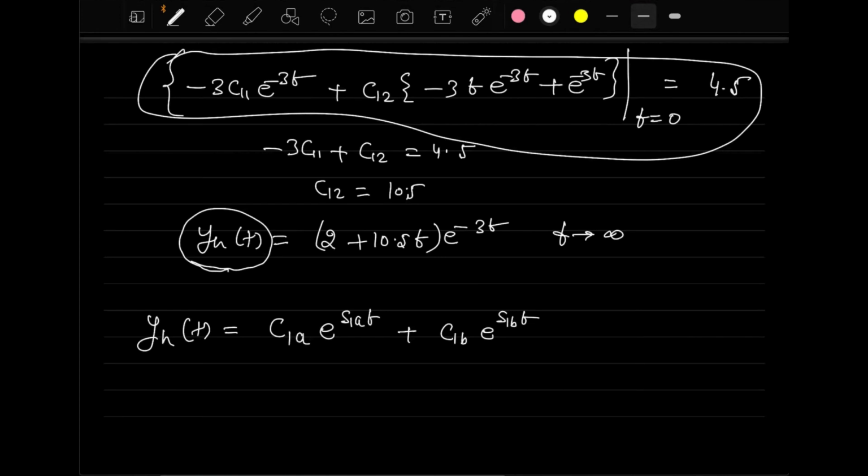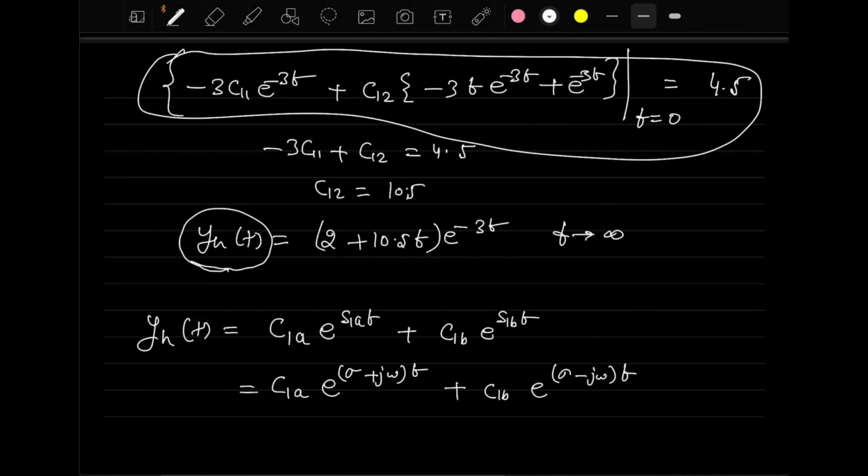Now if the roots are complex conjugates, you can write it like this: C1a e to the power sigma plus j omega t plus C1b e to the power sigma minus j omega t.